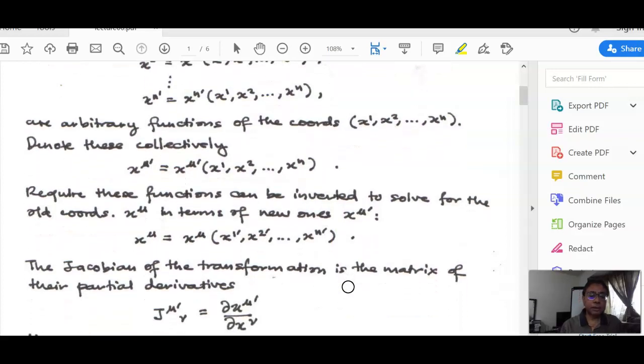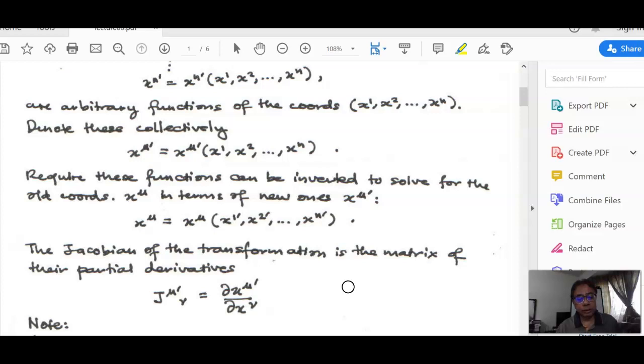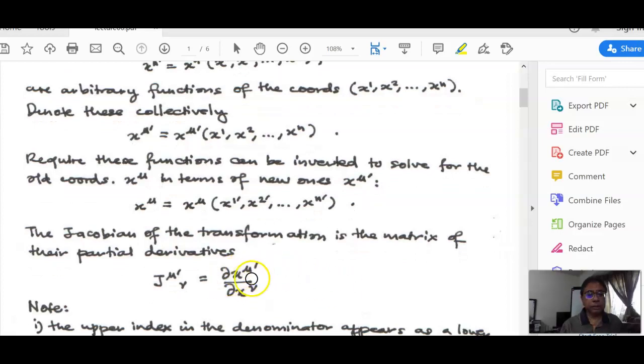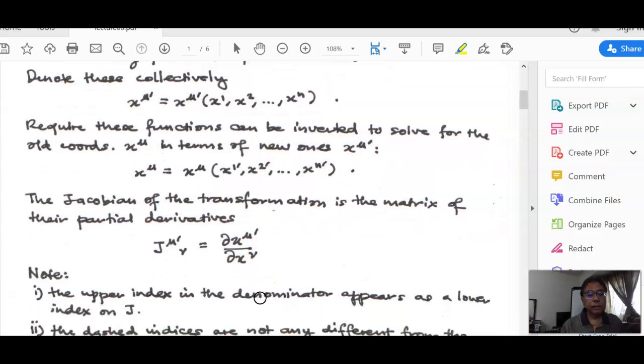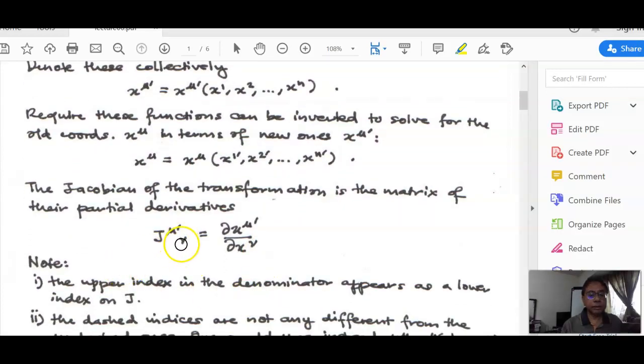Now, as we have learned in calculus, when you do a coordinate transformation, there will be a Jacobian. You normally think in terms of a matrix, and the Jacobian that you normally do is probably the one in integrals, but here we think of it as a matrix made up of partial derivatives. So we write the partial derivative of x mu dash with respect to x nu, and we label this as J mu dash nu.